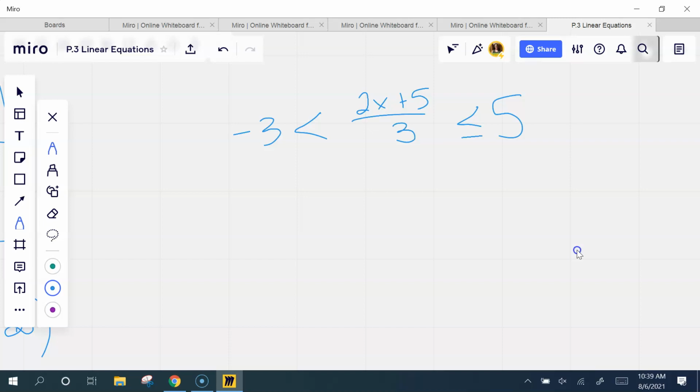So Adam's correct. I'm going to multiply everything by 3. And when I say everything, I mean everything. In the middle, on the left, and on the right. You have to do it everywhere. Do I need to flip any signs right now?